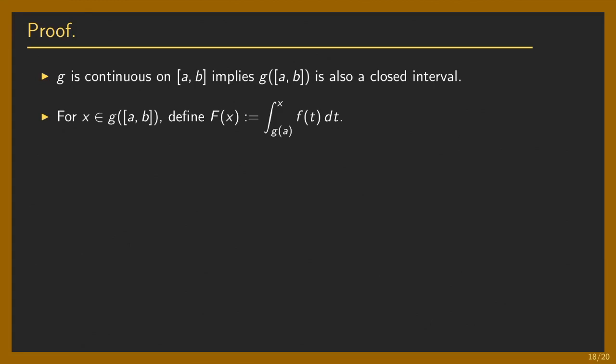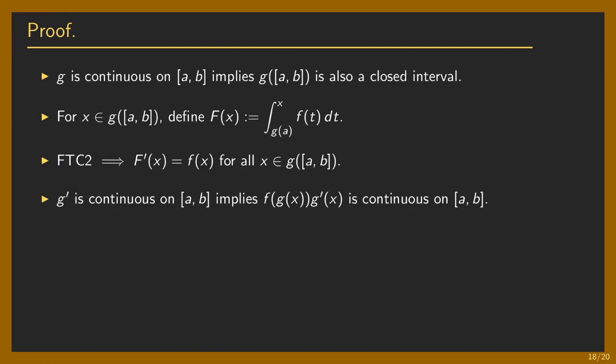So this is well defined. By FTC2, if you take the derivative of this indefinite integral at x, you get little f of x. Si g prime, continuous on [a,b]. Itong composition na to, continuous din siya, kasi continuous si f sa range ng g. Ang product ng dalawang continuous na function ay continuous.